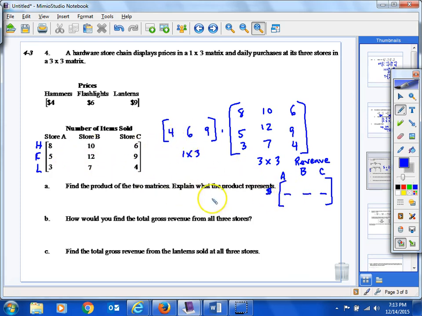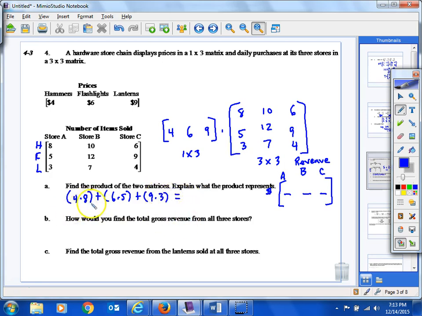So for the store A revenue, we take $4 for each hammer times hammers sold, plus $6 for each flashlight times flashlights sold, plus $9 for each lantern times 3 lanterns sold.